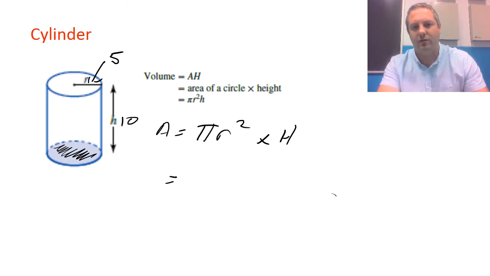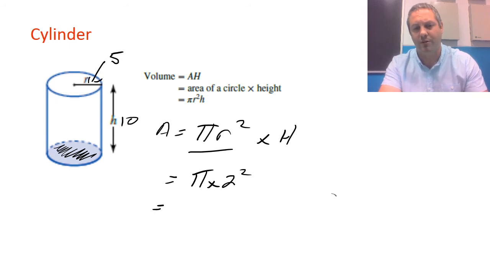We'll work that out from there. So first of all, we work out our circle. So pi r squared, we've got pi times 2 squared, which is equal to pi times 4. When we put that into the calculator, we have 12.5664. I've rounded it off. Then we multiply that by our height, so we're going to times that by 10.